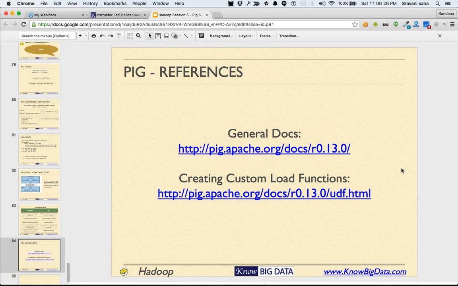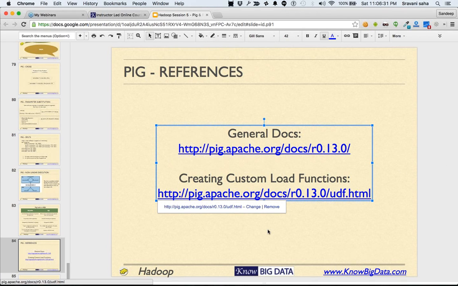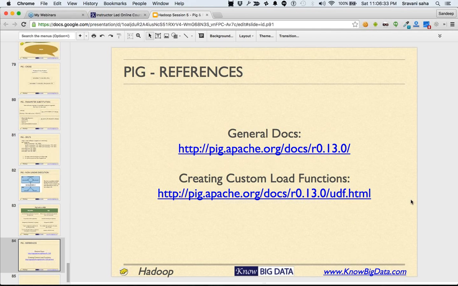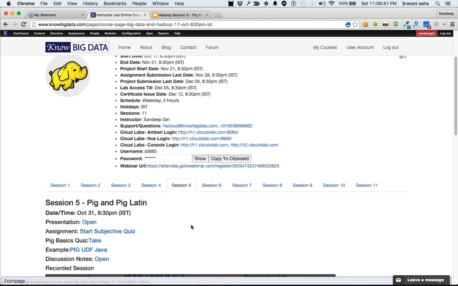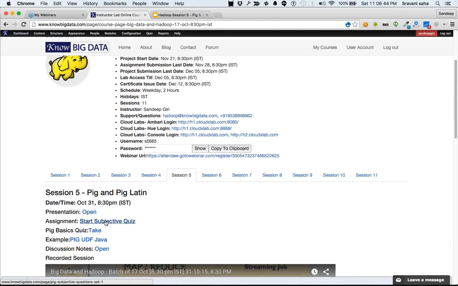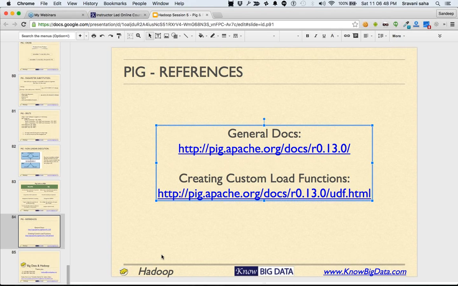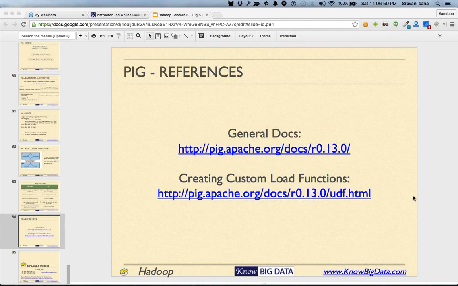And if you want to do custom load functions, you can have a look here. That will help you understand the custom load functions. Have a look at the exercises. Please try to finish the exercises. These are the exercises, a subjective quiz. Please finish those. All right, now let's continue with our discussion on Hive.